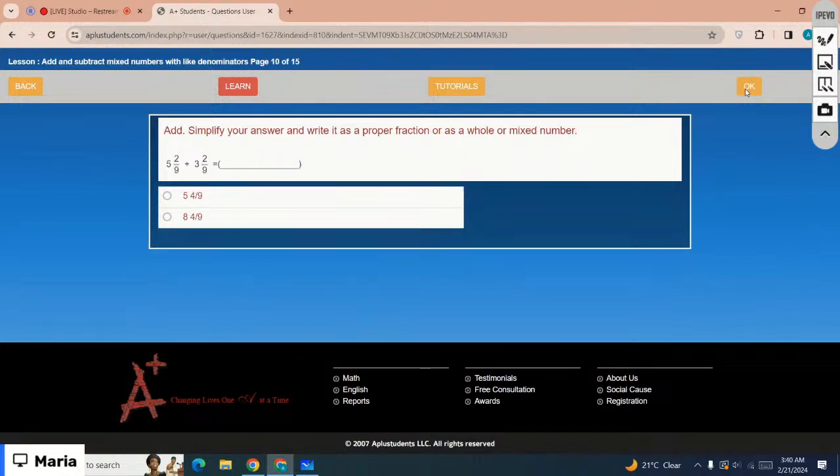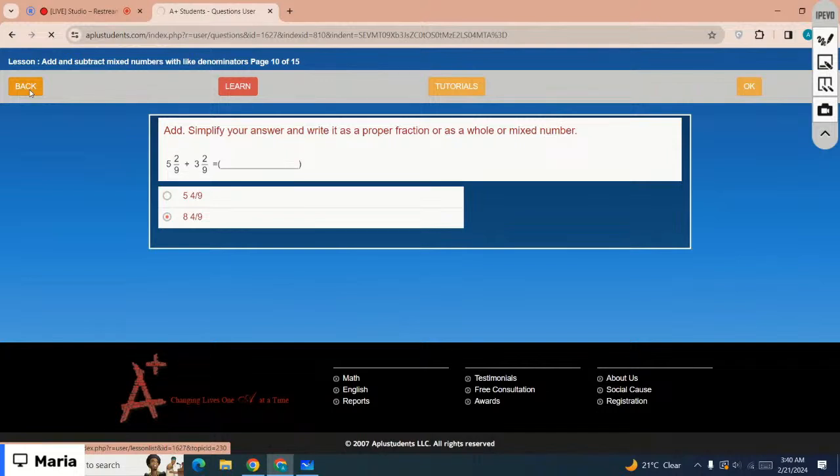Okay, the next one is 5 whole 2 by 9 plus 3 whole 2 by 9, which is the correct option? Yes, option number 2 is the correct option. That is 8 whole 4 over 9. Okay, you can complete the lesson by yourself later today.